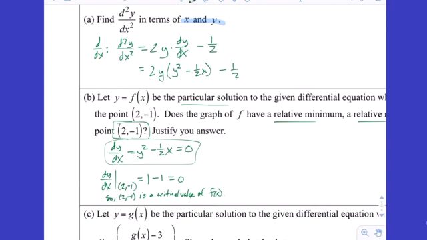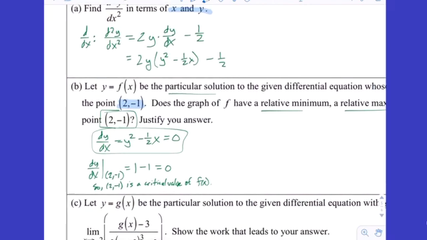Do we know any other point on the graph of f other than (2, -1)? We don't. You can't just arbitrarily choose an x and y value and say it's on the graph to the left and on the graph to the right. So we can't even do that. So that's the real power of the second derivative test. It doesn't require information on either side.